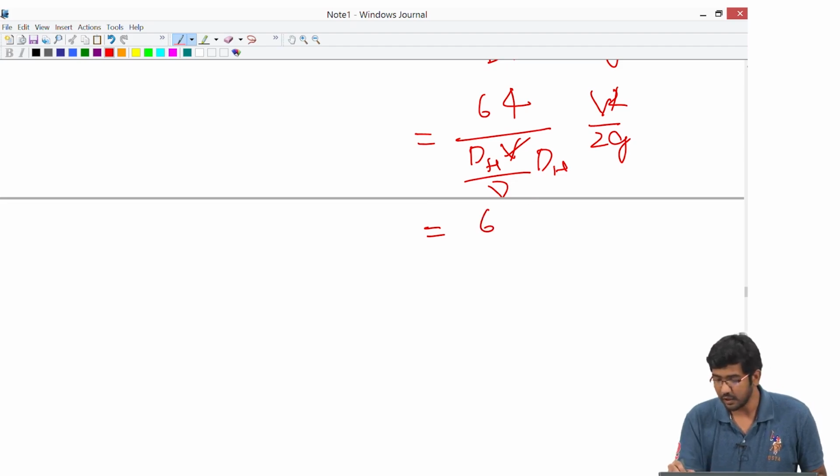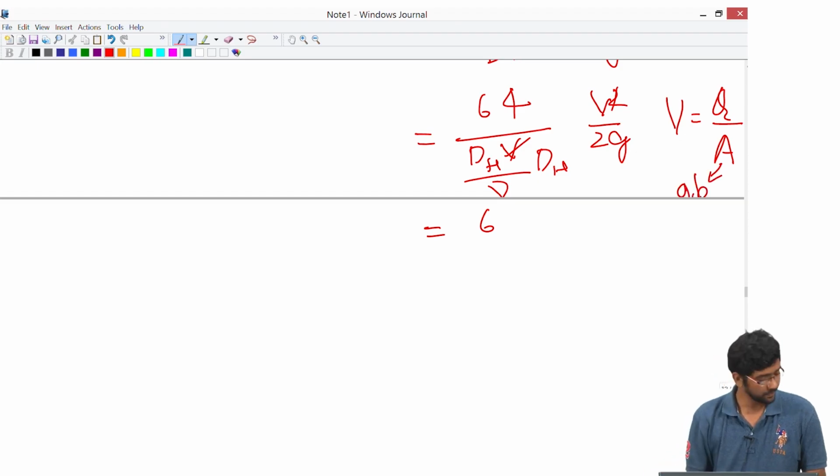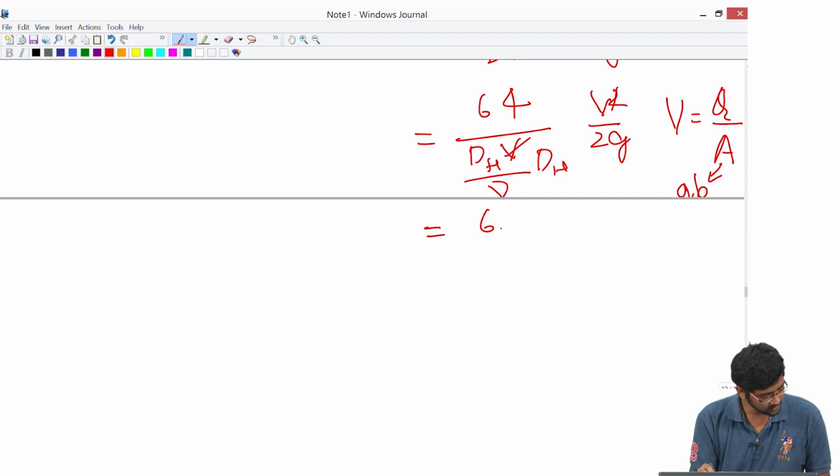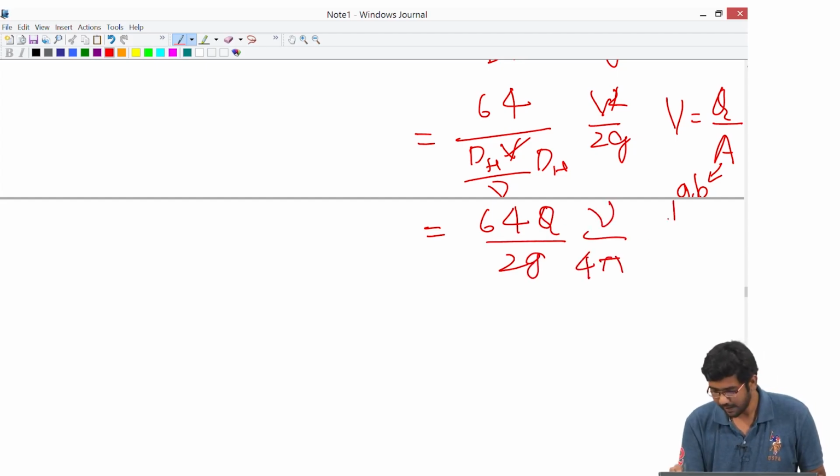If I substitute V as Q by A, because I know the volumetric flow rate but not the velocity, and the area is unknown because we do not know what A comma B are in this problem, I will end up with an equation 64 Q by 2G into nu by 4 pi into 1 by A square minus B square into A minus B whole square.